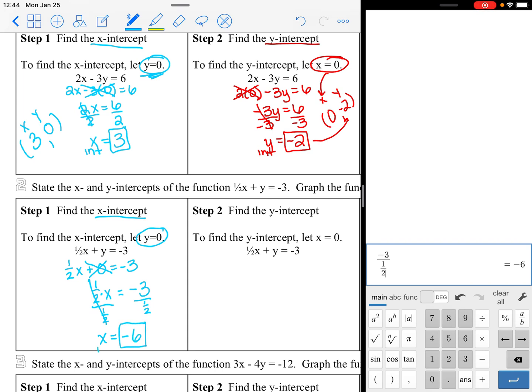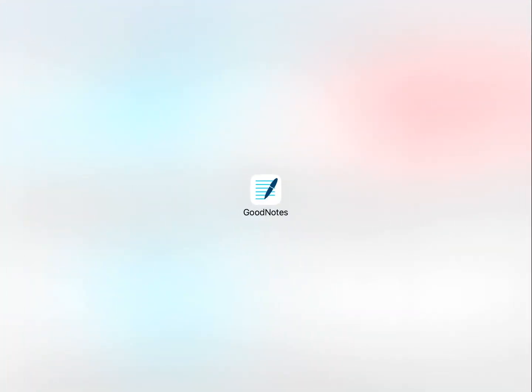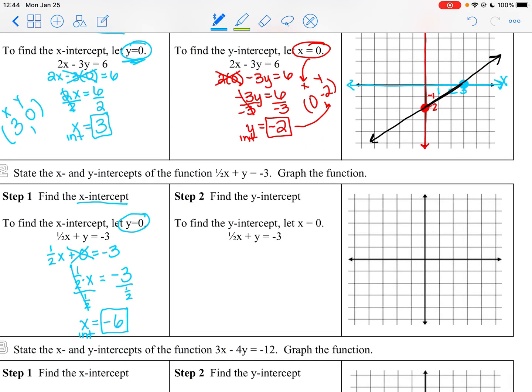So this number that I'm left with is my x-intercept. That's going to be a point on the x-axis of my graph. So on the x-axis, I go and I find where -6 is. So this graph only has 5 places, 5 grid lines. So I'm just going to estimate if I extended this a little bit, -6 would be about right here.